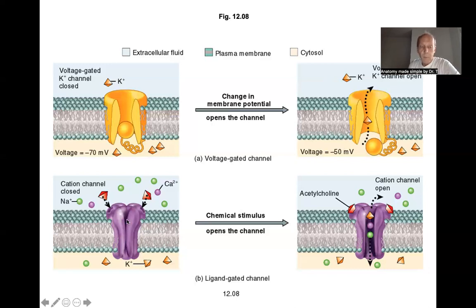We may have a protein channel that doesn't respond to electrical changes, but rather responds to presence of a specific molecule, which it wants to bind on its receptor site, on its surface. That molecule is what we call the ligand.